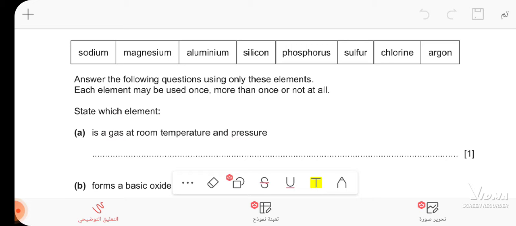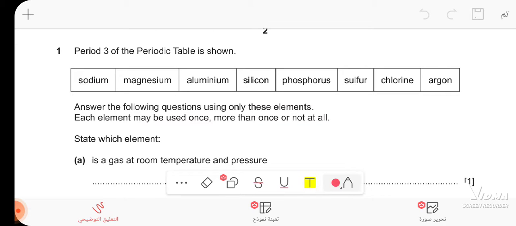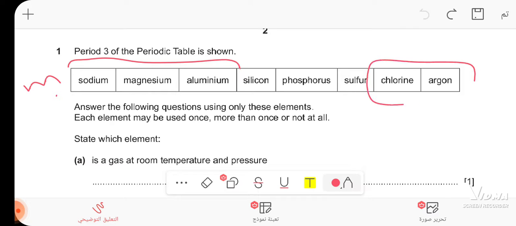Firstly, is a gas at room temperature and pressure. Which is gas here? As you know, sodium, magnesium, aluminum, all of those are metals. Argon and chlorine, all those are gases, group 8 and group 7.